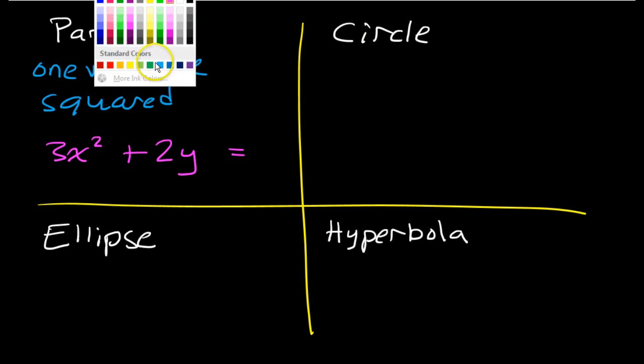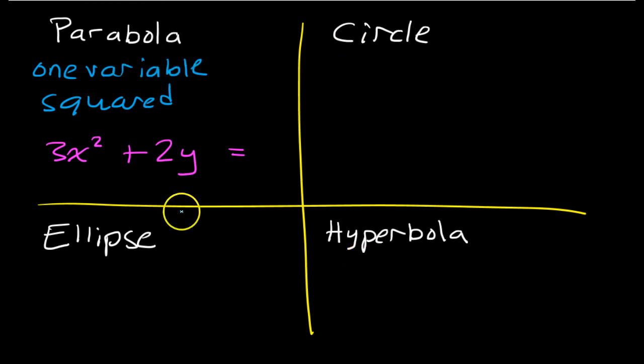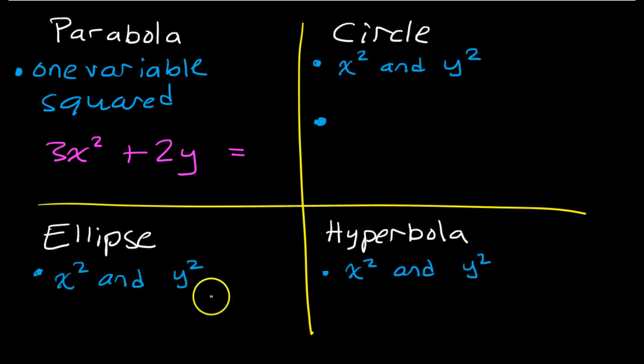For the rest of these, you're going to have both variables squared, x squared and y squared. So I'll just say for all 3 of these, you're going to have an x squared and a y squared. So the rest of this is going to be about the coefficients of the x squared and the y squared.